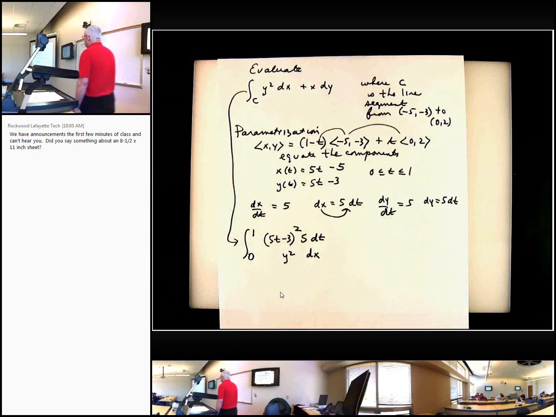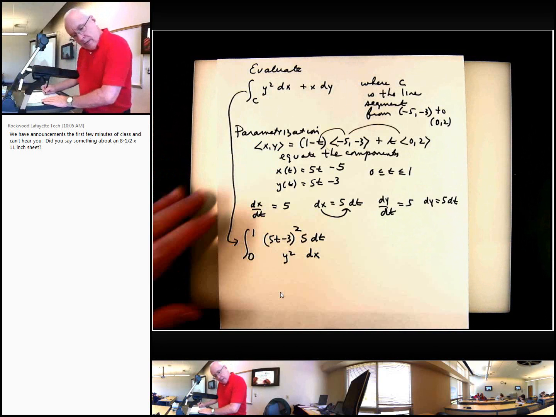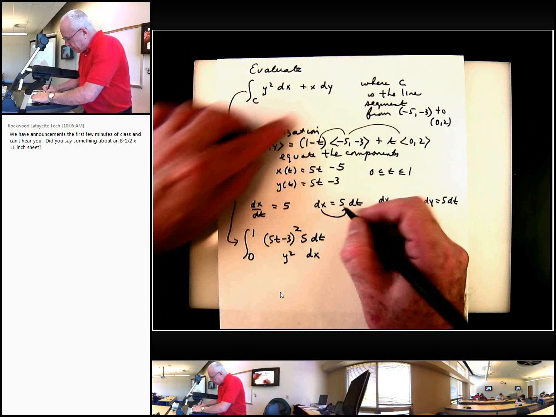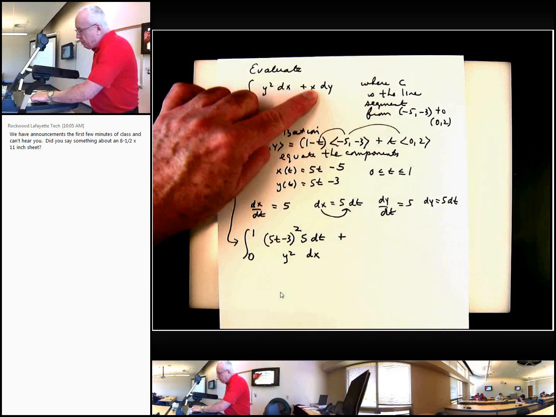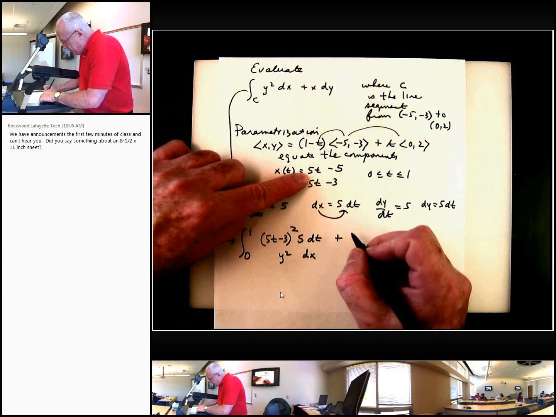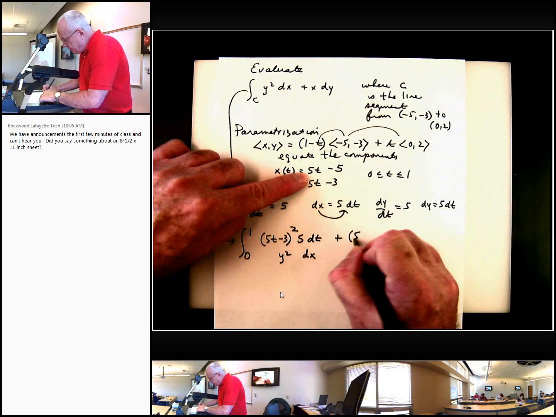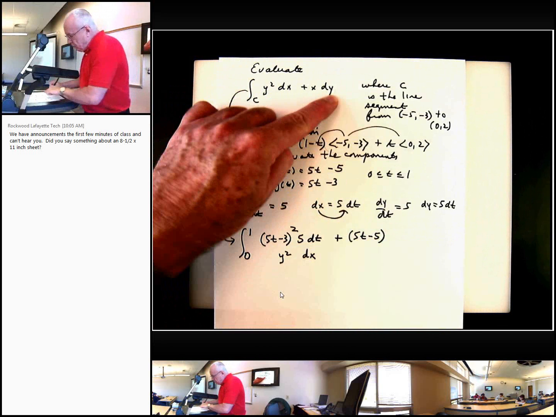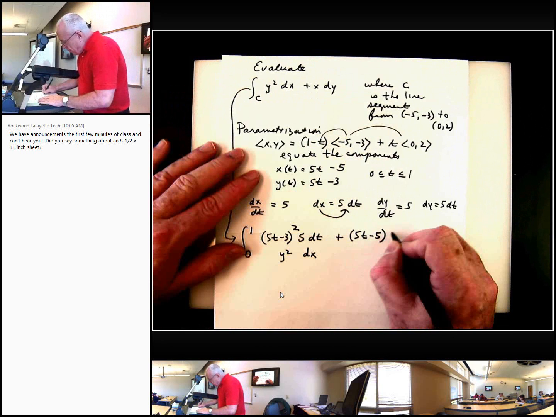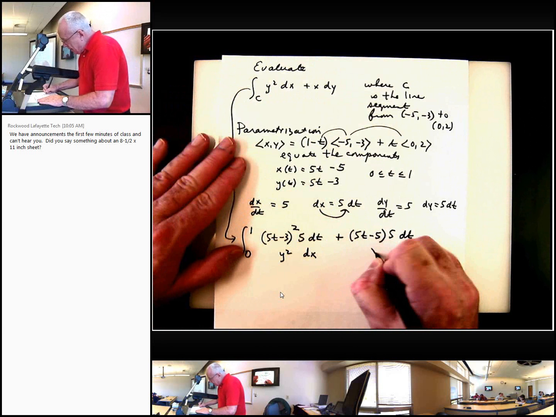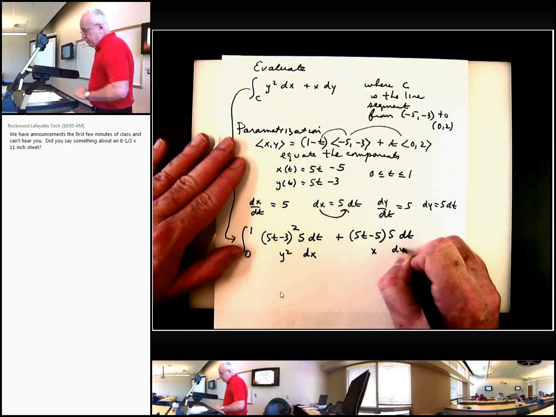Just replacing it. And then we have the second one, plus. Now we replace x, and x is 5t minus 5. And then we have dy. dy is also 5 dt. So this is our x dy portion of it.